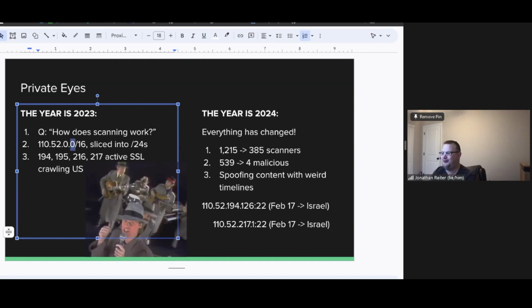Near 2024, a lot of things have changed with this one subnet. Namely, we've gone from about 1,200 scanners to 300. And what is most surprising of all, based on the GreyNoise data, within the same /16, we've gone from 500 malicious scanning hosts down to 4. This is marked malicious over a 3-month period.